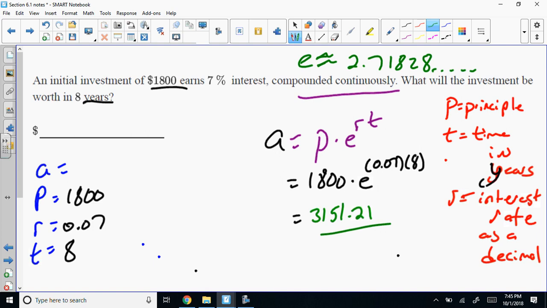Y'all good? $3,151.21. Everybody agree? Okay.